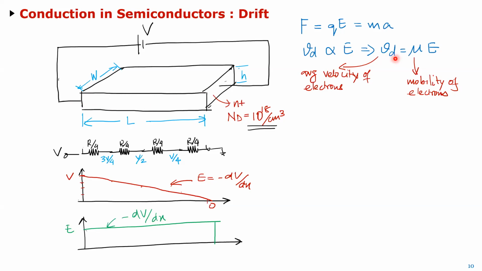That average velocity is proportional to the electric field, and that proportionality constant is called the mobility. So for every material, especially semiconductor material, the mobility you hear about is basically that proportionality constant. And this Vd is the average velocity of the electrons, okay?